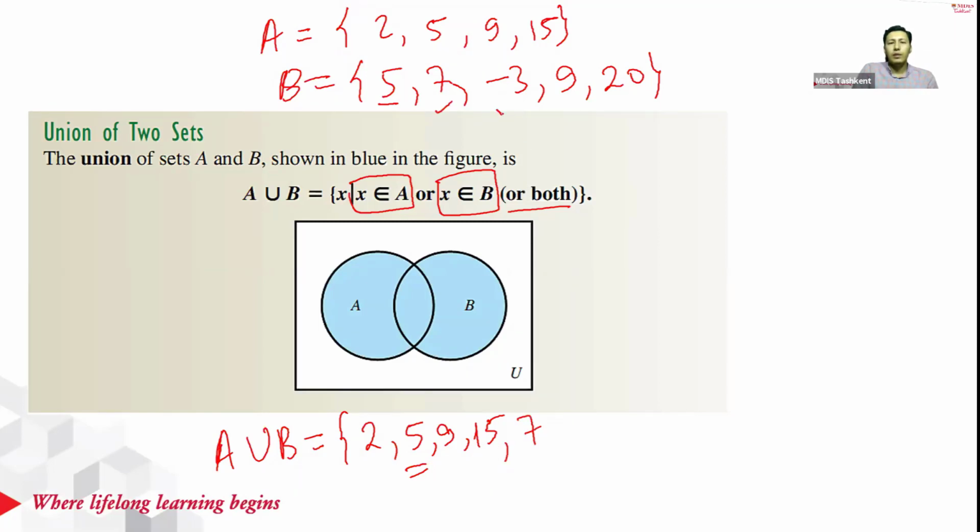Minus 3, we don't have, so I write minus 3. 9, I have already. And 20, I write 20. That's it. So you just copy both sets without repeating same element twice. That is union. Next.